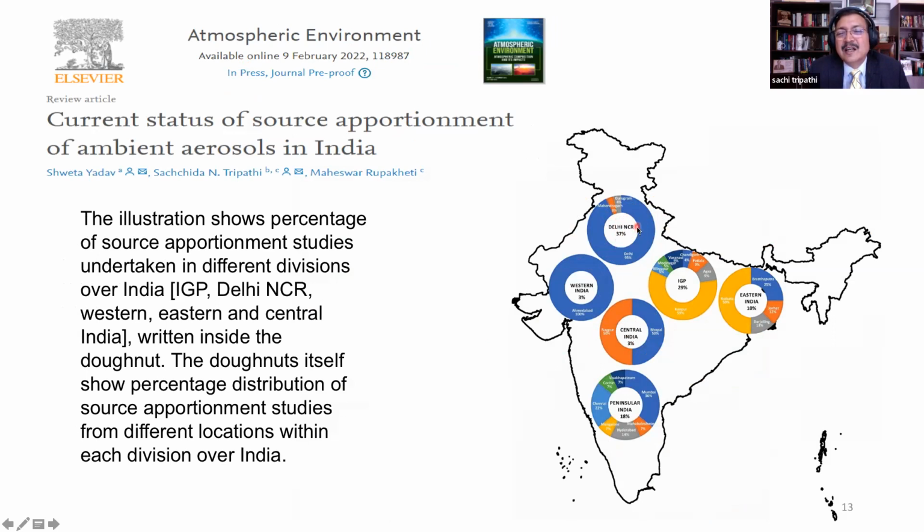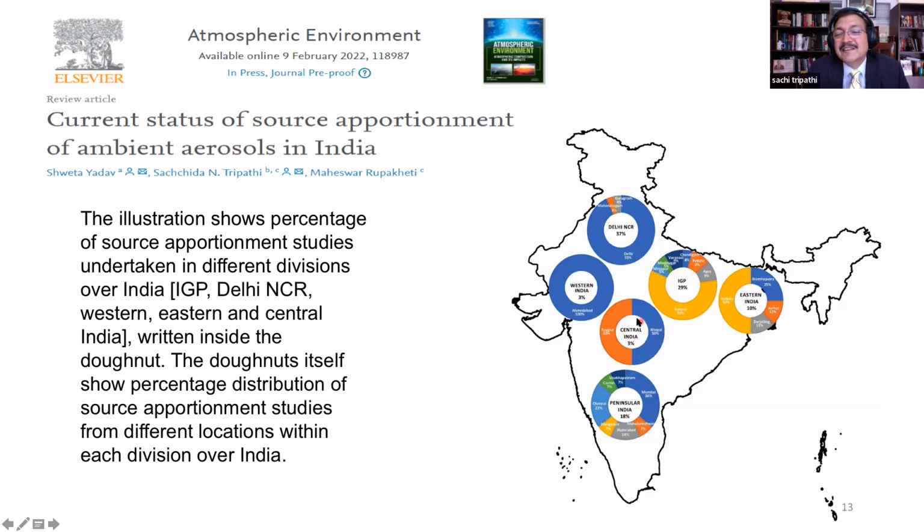So that means about 2/5 of all the studies done in India have been conducted over Delhi. It's 37%. Likewise, in the Gangetic Plain, it is 29%. So that's a little less than 1/3 conducted over the Gangetic Plain.